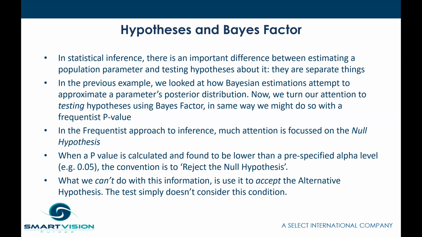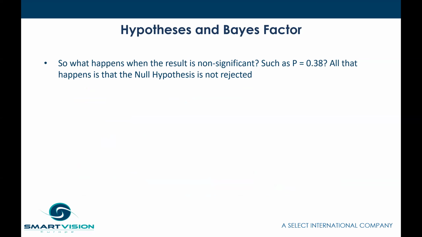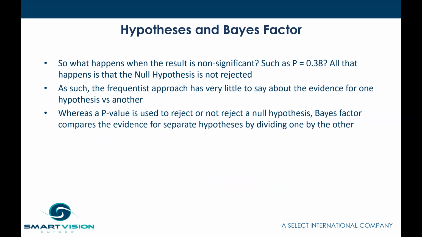With Bayesian approaches, you can compare the weight of evidence for the alternative versus the null hypothesis. So what happens when the result is non-significant in a frequentist world, such as p = .38? All that happens is the null hypothesis is not rejected. That's all that happens. And as such, the frequentist approach has very little to say about evidence for one hypothesis versus another.